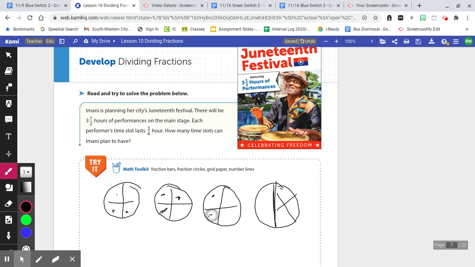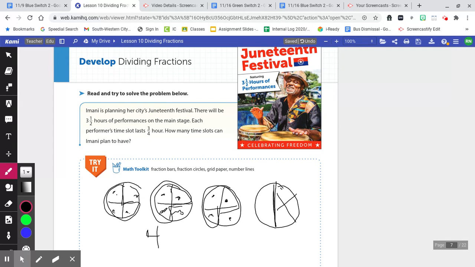3/4, 1, 2, 3. So right now I have 1, 2, 3, but I could put these together. So I have 4 3/4. And then over here on my half hour, do I have enough for 3/4?